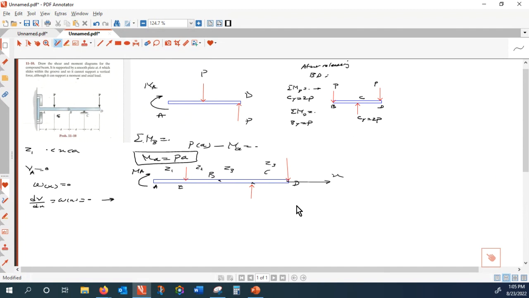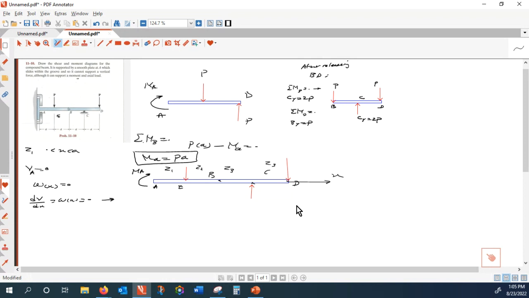Now they are being pinned together at point B, right? And in these cases, what is so special about point B? Point B cannot take any bending moment. So I know that at that particular point, M of B is equal to zero, right?